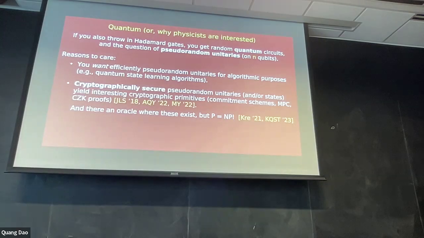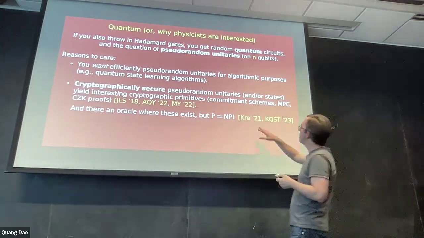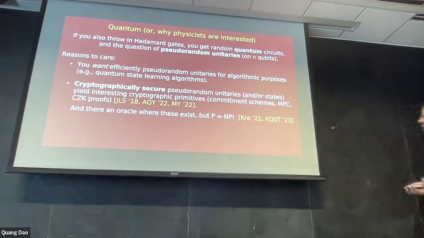Also, there's the subject of cryptographically secure pseudo-random unitaries and pseudo-random states, concepts introduced in this very awesome paper by Ji, Liu and Song. It's a really interesting area. I don't know so much about it, but it's known that if you have such cryptographically secure quantum objects, you can on one hand build a lot of interesting cryptography from them.